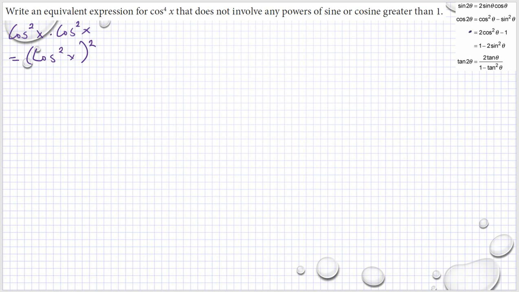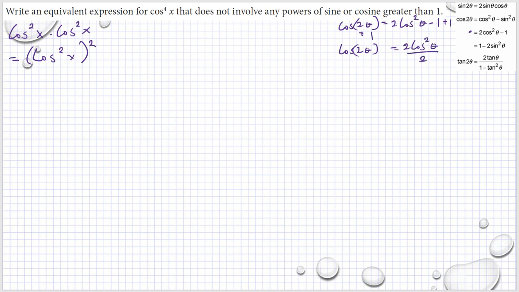Okay, and we know that we have cosine squared here. So we have cosine 2 theta is equal to 2 cosine squared theta minus 1. So if we add 1 to both sides of the equation, then we have cosine 2 theta plus 1 is equal to 2 cosine squared theta.